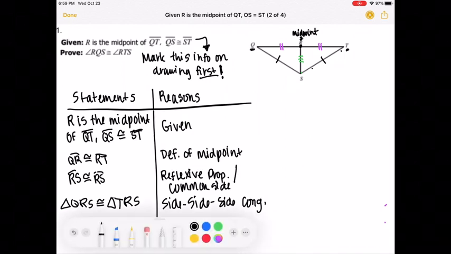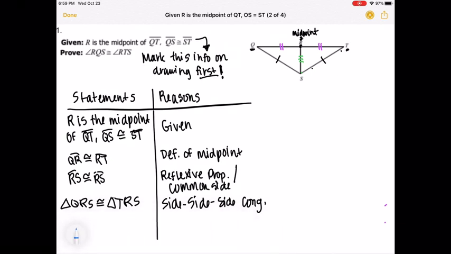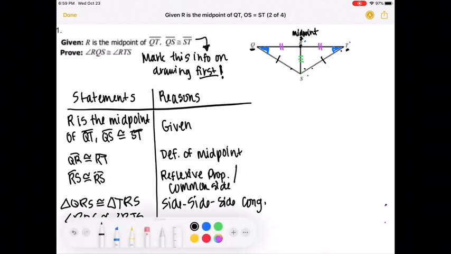Now we have our very last thing, what we're looking to prove. They want to know that RQS, so that's this angle, is congruent to RTS, so this angle. That's what we're trying to prove. The reason I can go ahead and say that is, if I know those two triangles are congruent, then every part of that triangle is congruent.